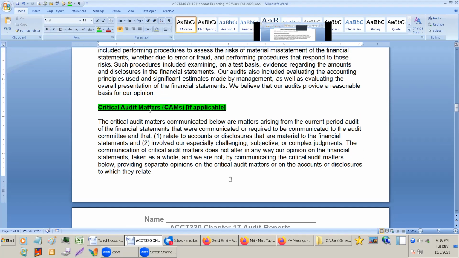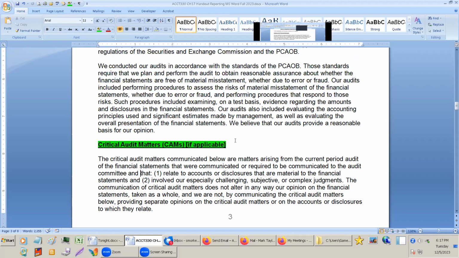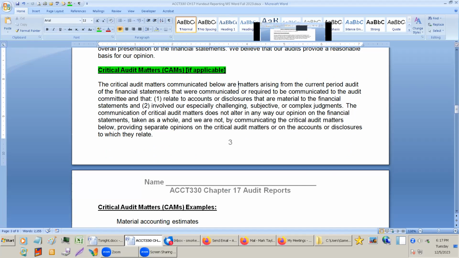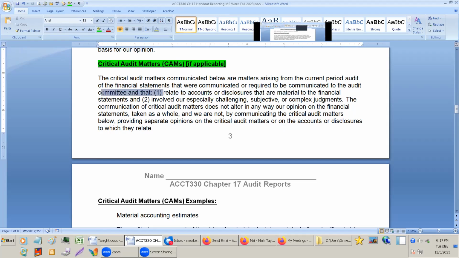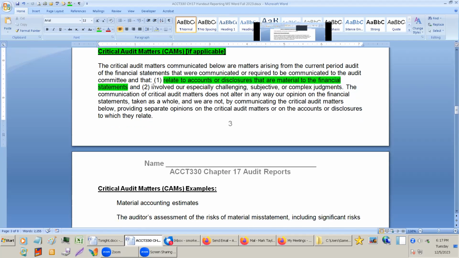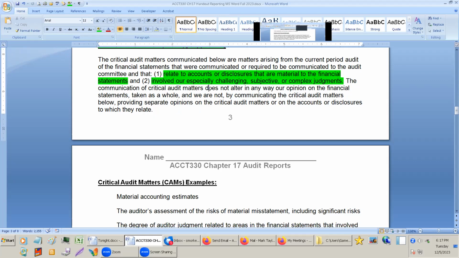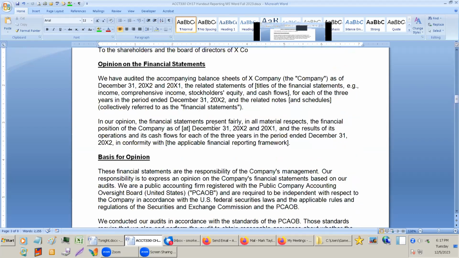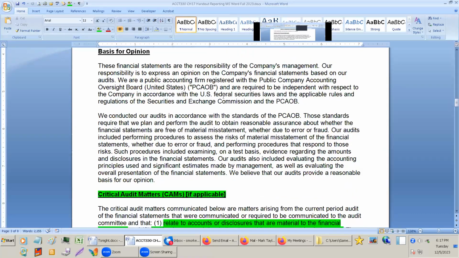So critical audit matters communicated below are matters from the current period audit that are related to accounts and disclosures to the financial statements and involve especially challenging subjective judgments. It does not alter the opinion on the financial statements. So we're still giving them a clean audit. We're still saying, hey, free of material misstatements, that sort of thing.